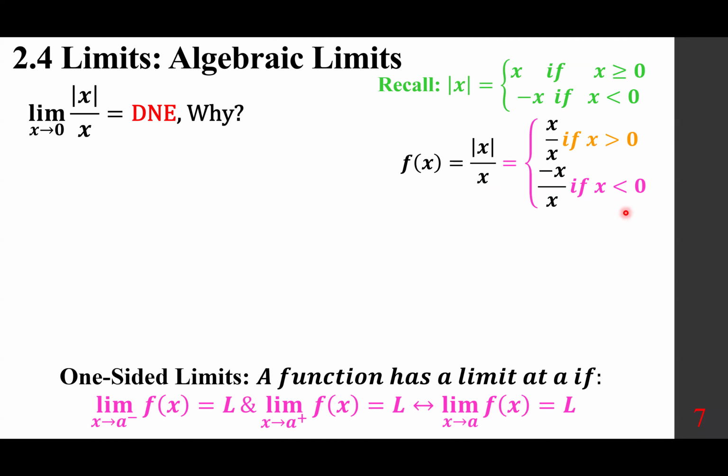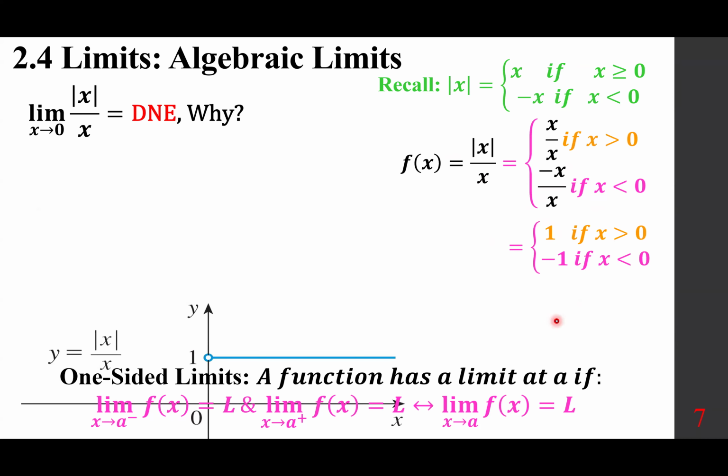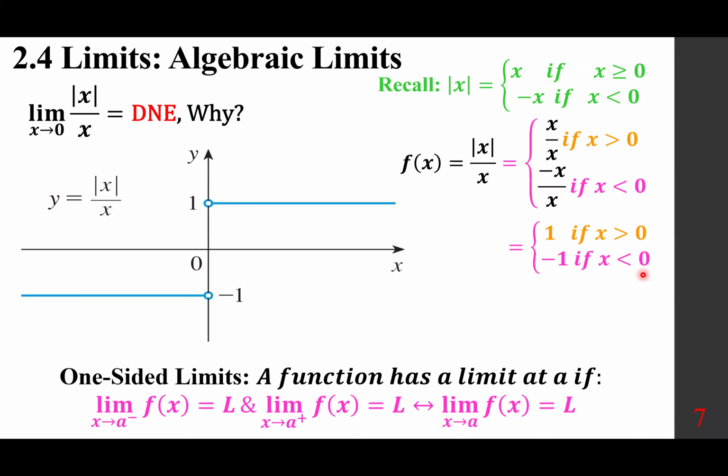But over here or here, we can't have equality because the denominator has x. Of course, x over x is 1, minus x over x is negative 1. And so f of x is either 1, that means y equals 1, a horizontal line, or y equals negative 1, a horizontal line. This one starts from 0 and goes to the right. This one starts from 0 and goes to the left. And so that's the graph according to this.